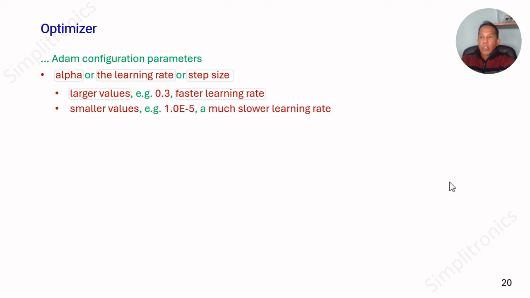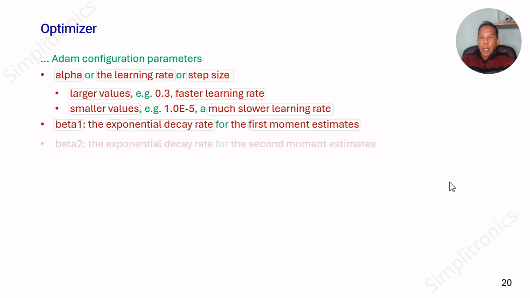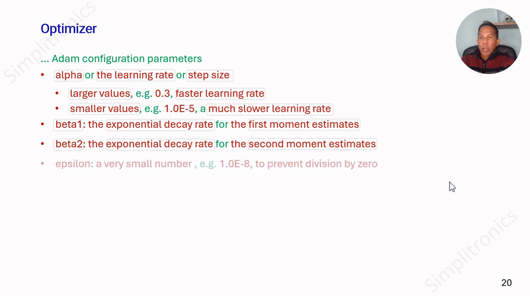Smaller values mean much slower learning. The second parameter is beta 1, and the third one is beta 2. And the last one is epsilon, a very small number to prevent division by 0. But most of the time we only specify the learning rate, or the alpha.